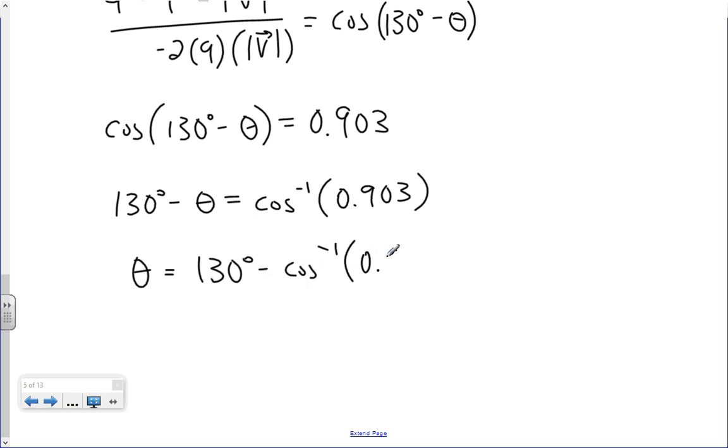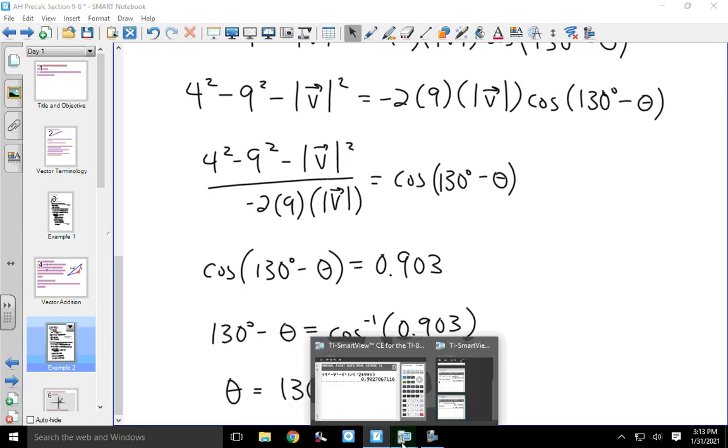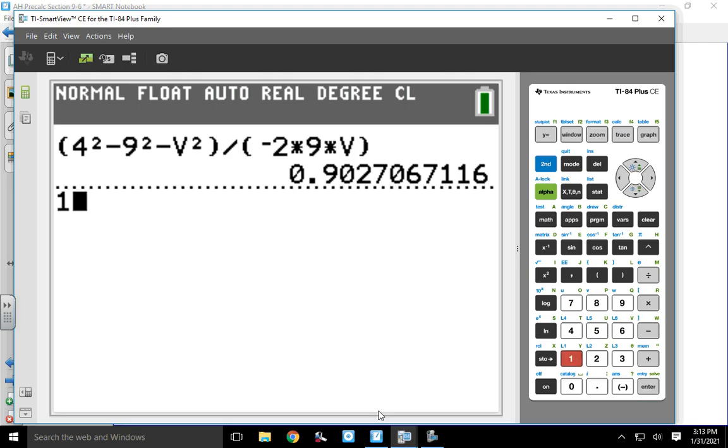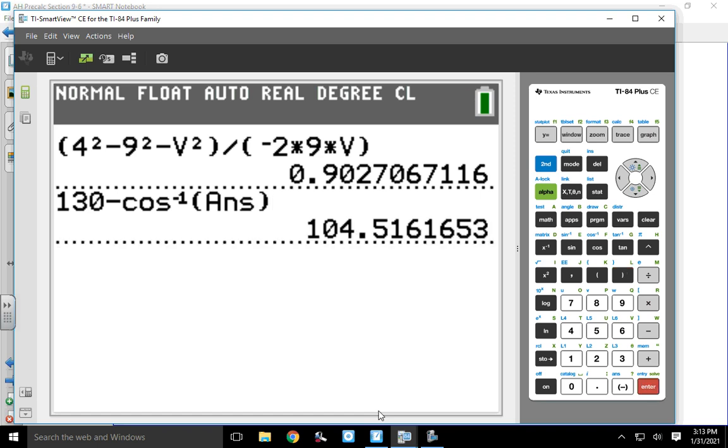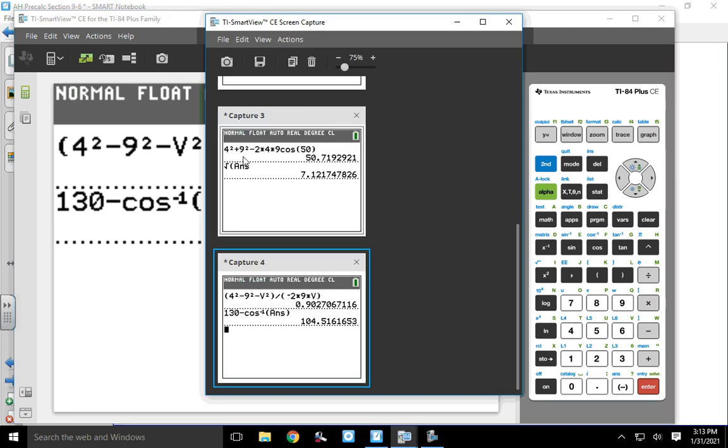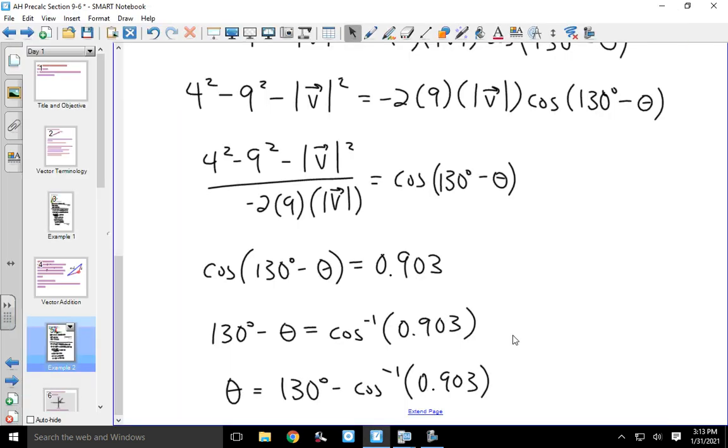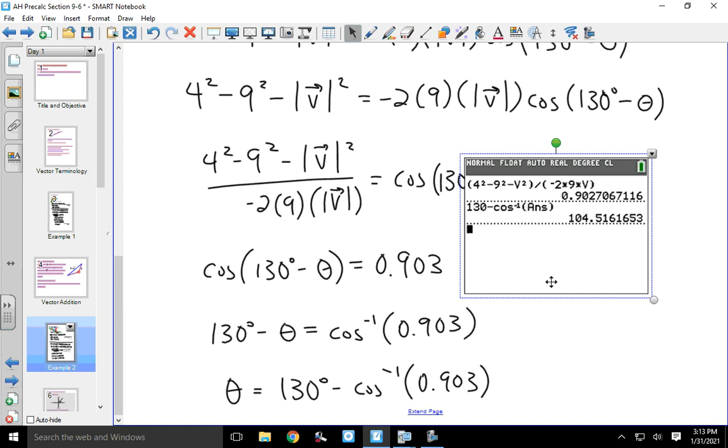Let's grab our calculator and evaluate that. So if I take 130 minus the cosine inverse of that previous answer, 104.516 is the number we're looking for. That is the direction of our vector here.